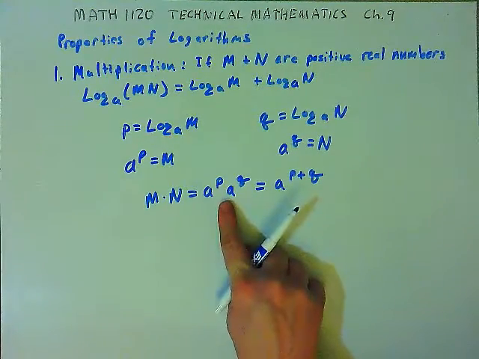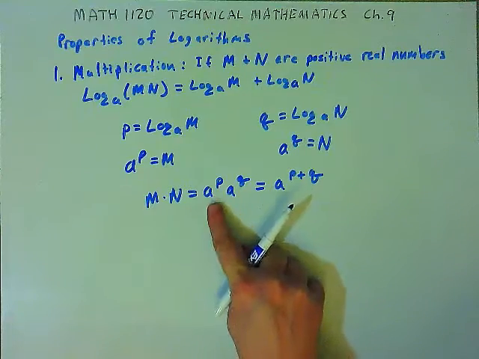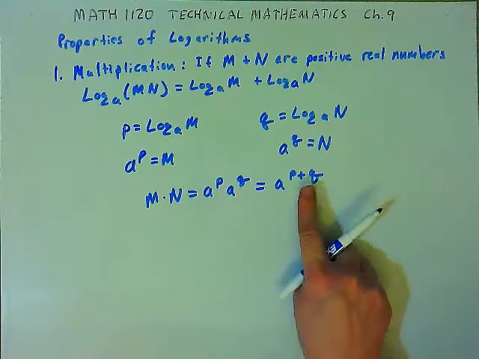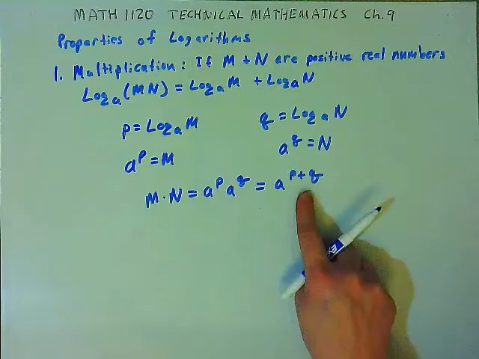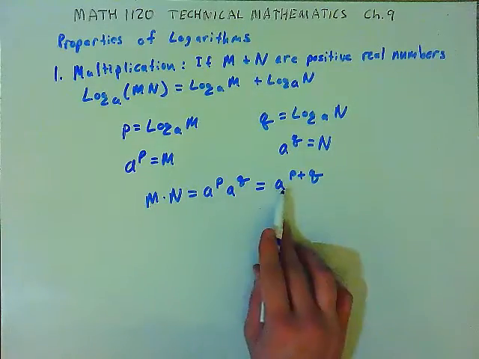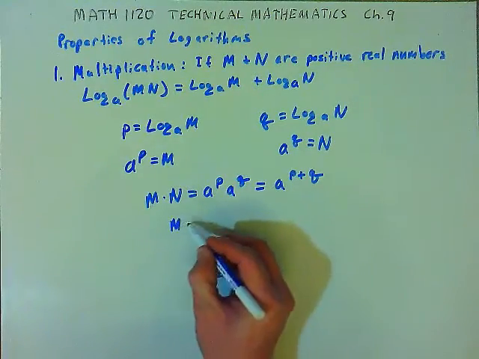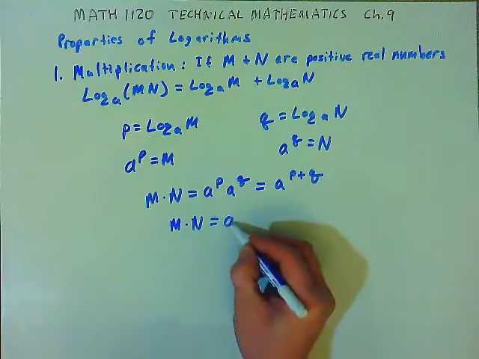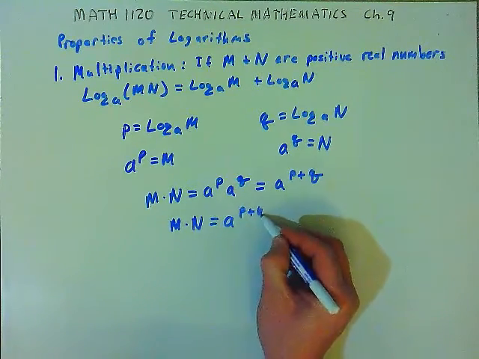So anytime we multiply exponentials, if they have the same base, we just add the exponents. That's a rule that you should have learned in a previous class, and hopefully you've remembered that. And so that means that m times n is equal to a to the p plus q power.